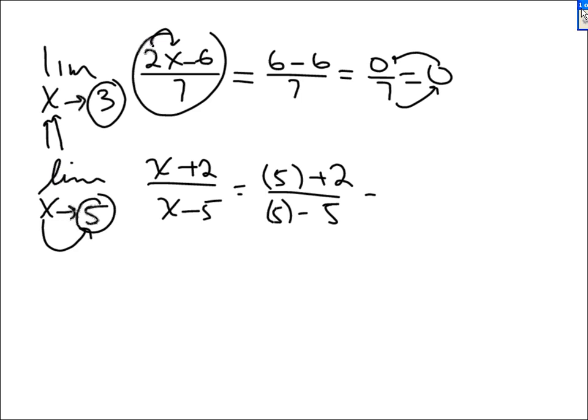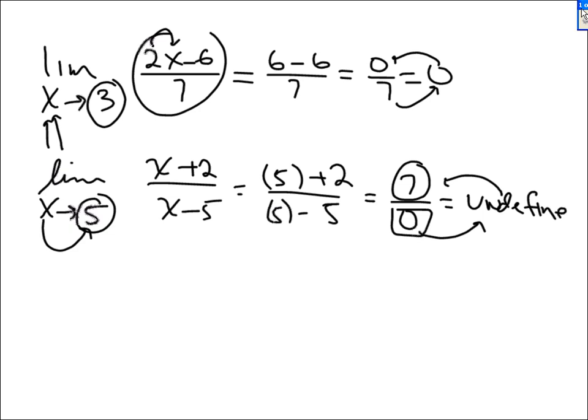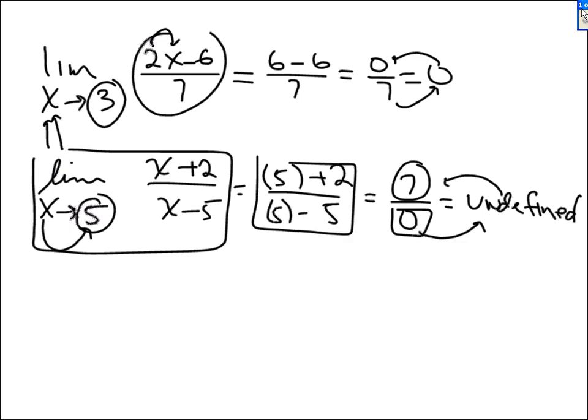And here you get 7 over 0. Not 0 over 0. This is undefined. 0 times nothing gives you 7. That is why it is undefined. This limit equals this, which equals this, which is undefined. The limit is undefined.